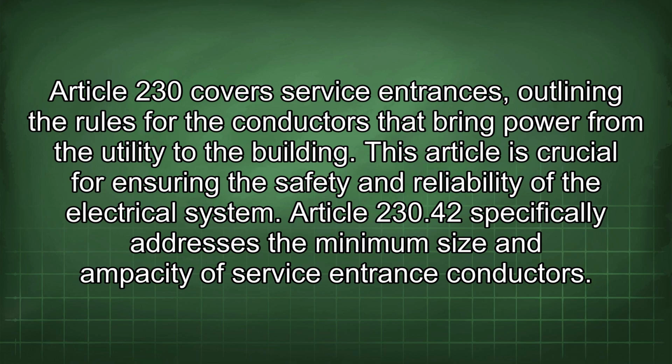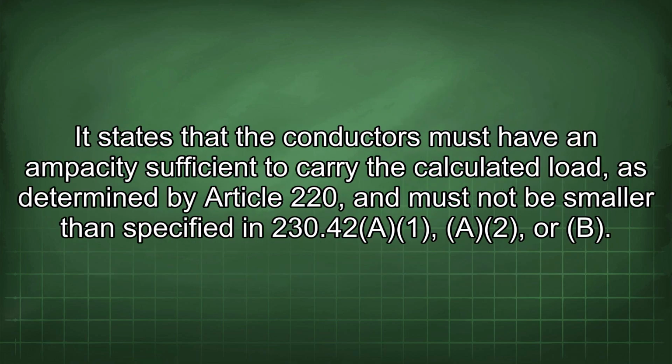Article 230.42 specifically addresses the minimum size and ampacity of service entrance conductors. It states that the conductors must have an ampacity sufficient to carry the calculated load, as determined by Article 220, and must not be smaller than specified in 230.42(a)(1) or (B).